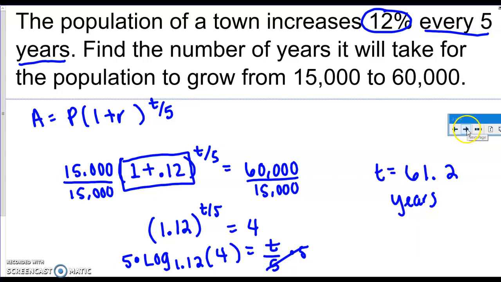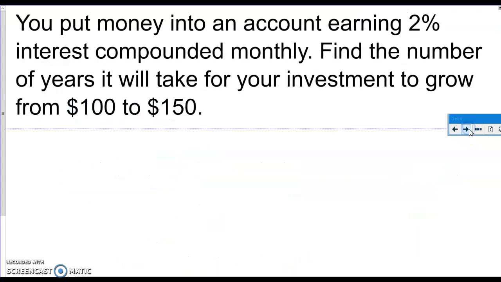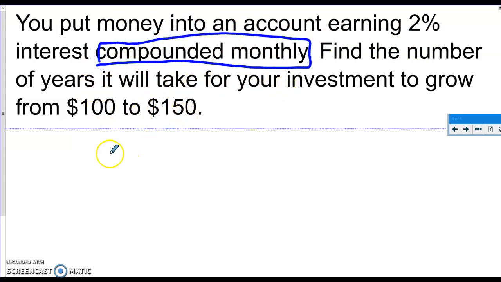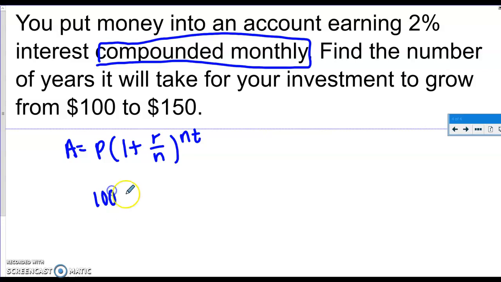All right, last problem that we're going to do together in this video. Our money is earning 2% compounded monthly. Find the number of years it will take for your investment to grow. So I know I'm using this formula. My initial amount, 2%, remember to change that to a decimal, so that's 0.02.